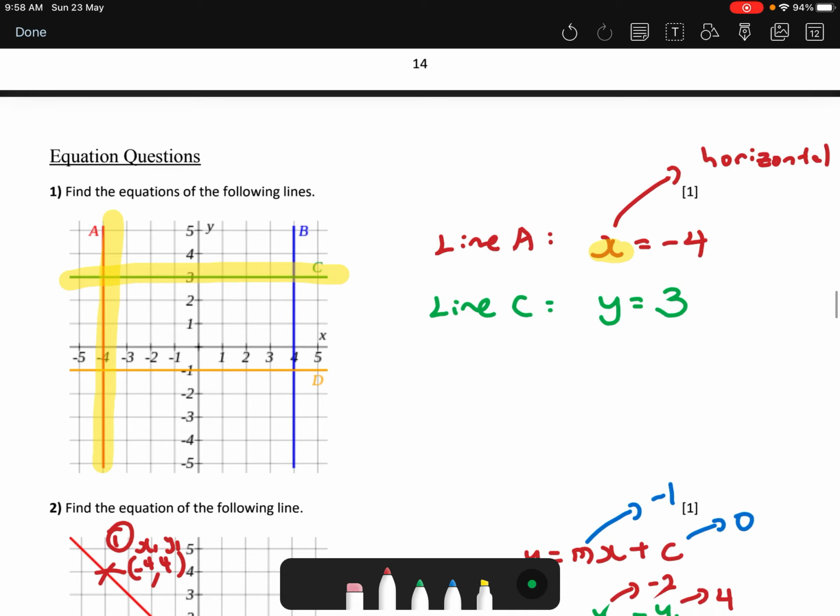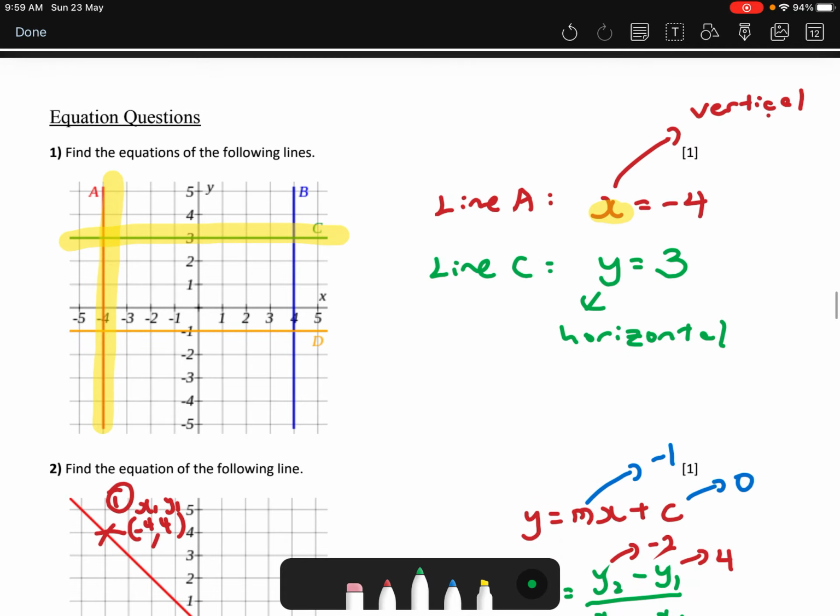For a horizontal line, it is always y equal to something. So this is how we write down the equation.